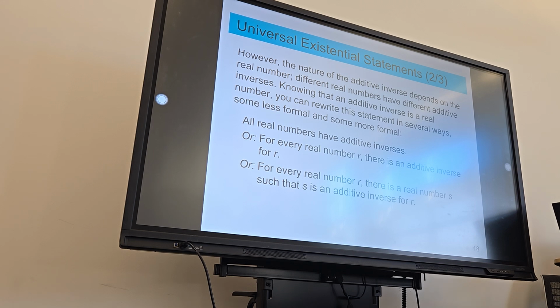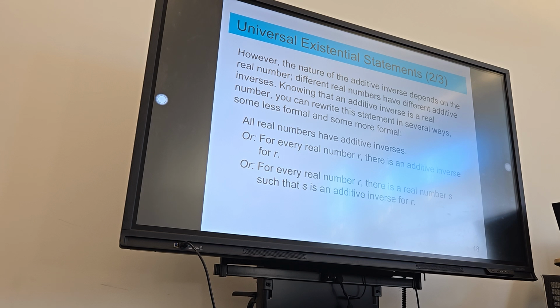So while the set of real numbers is the set of real numbers, the additive inverse is not the complete set of real numbers, because there's only one additive inverse for each real number.